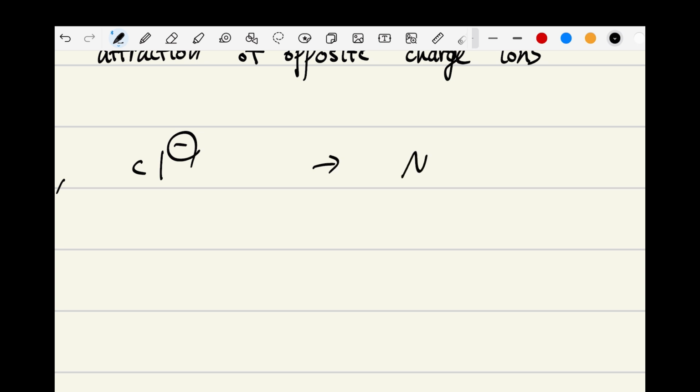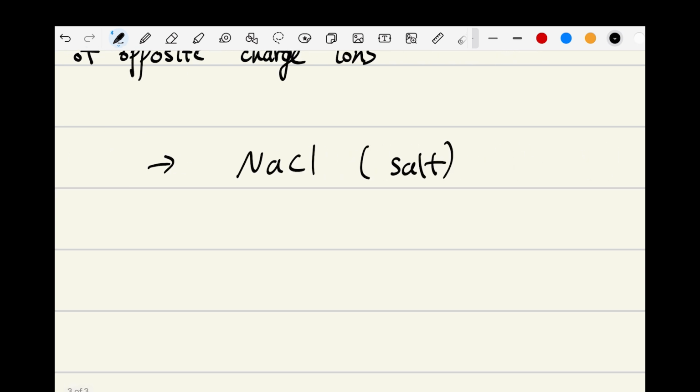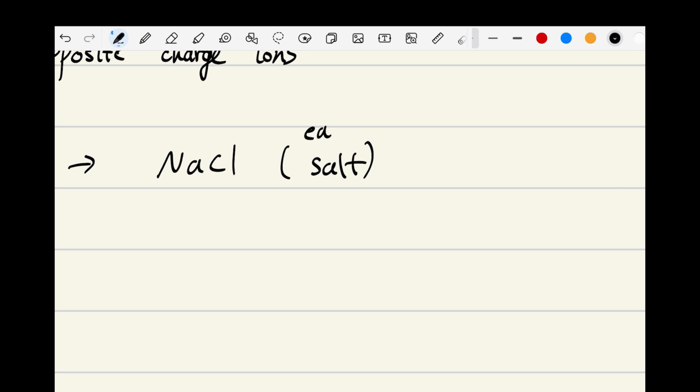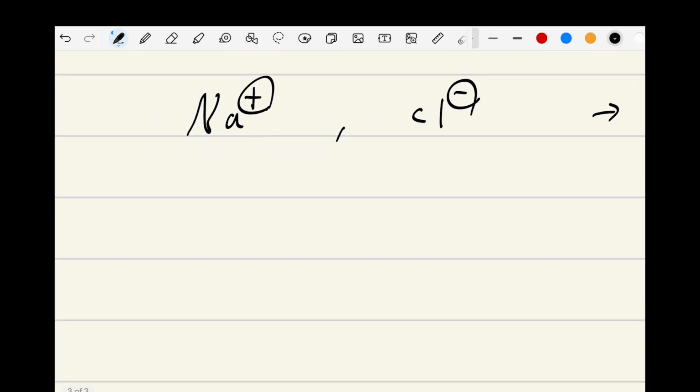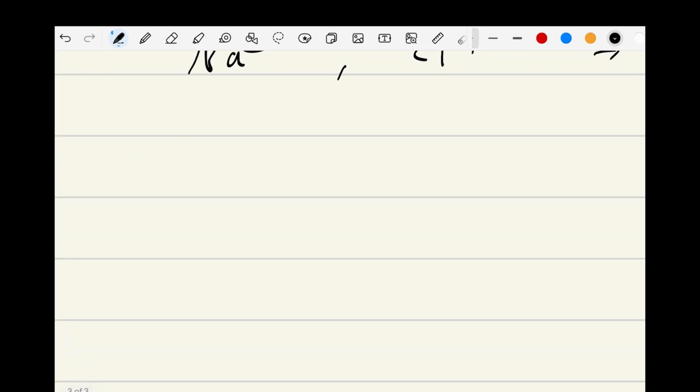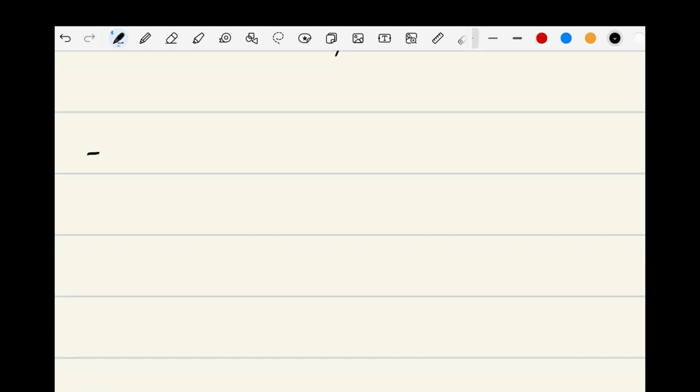And these create NaCl, which refers to the salt that we usually talk about, like eating salt. And this is called an ionic bond. And what we refer to as chemical reactions are the breaking and forming of these bonds.